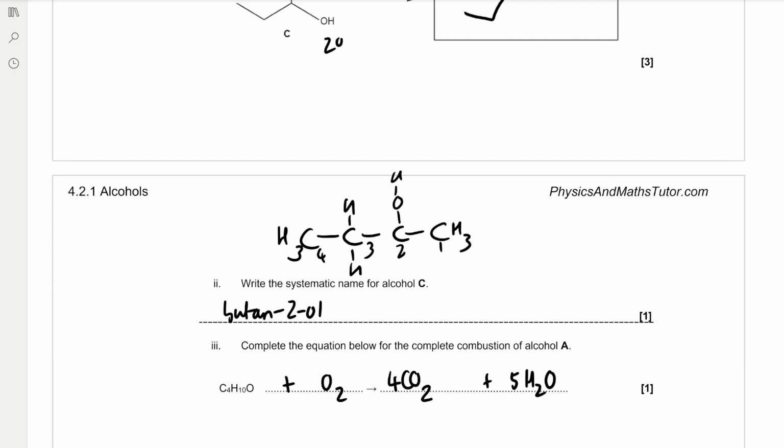And then finally we want to balance the oxygens. So on the right hand side of the equation, we have 8 oxygens in CO2 and 5 in water. That gives us a total of 13 oxygen atoms on the right. Then if we subtract 1 for our alcohol, that leaves us with 12 to balance. So we need to put a 6 in front of the oxygen.